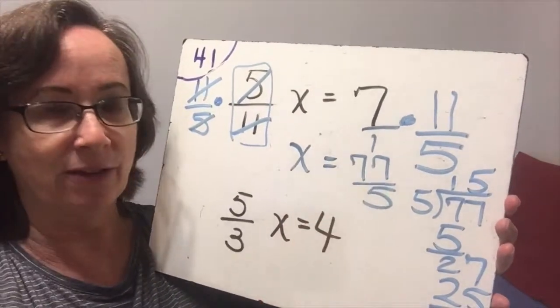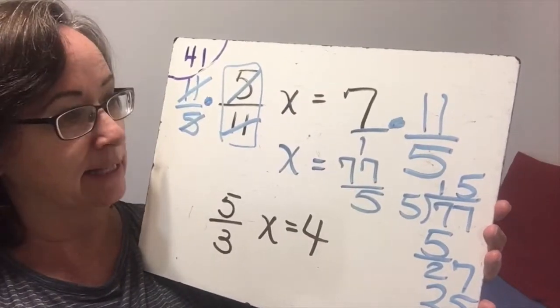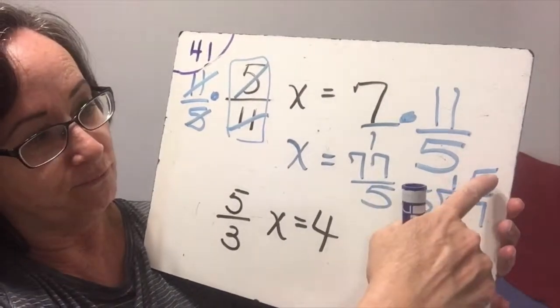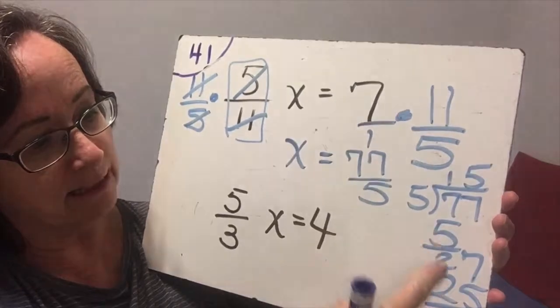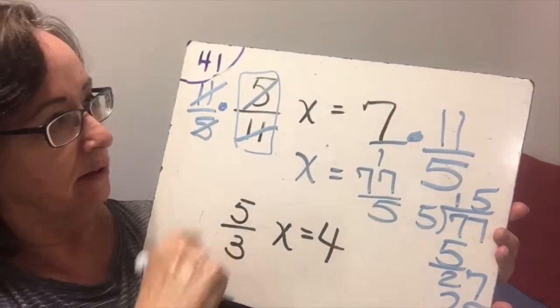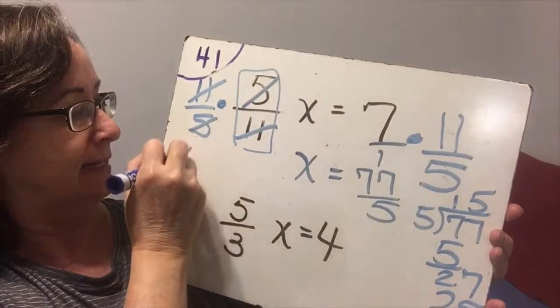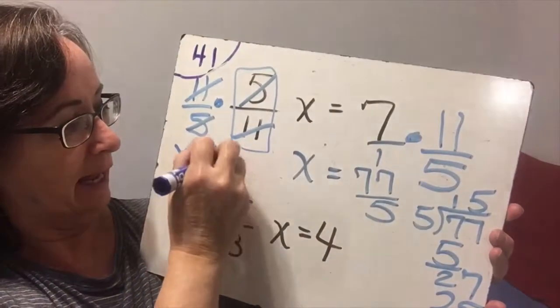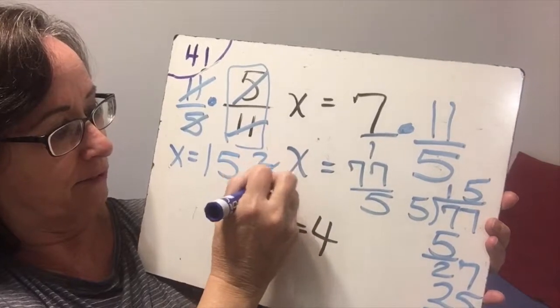So 77/5 is the same as 15 2/5. Okay, so my final answer for this one would be x is 15 2/5.